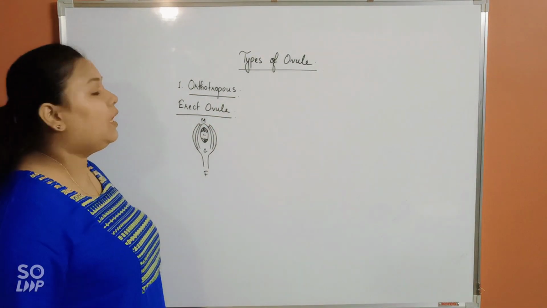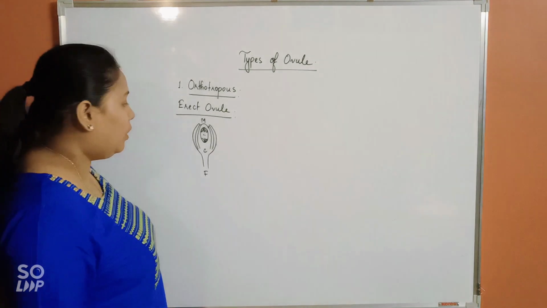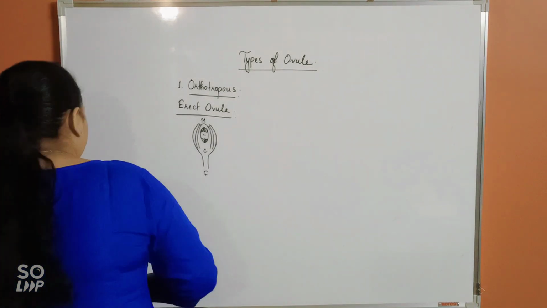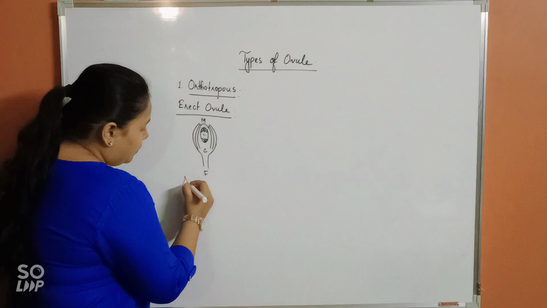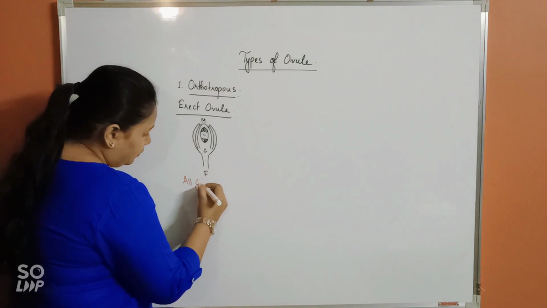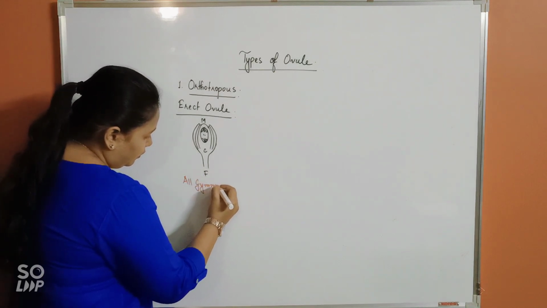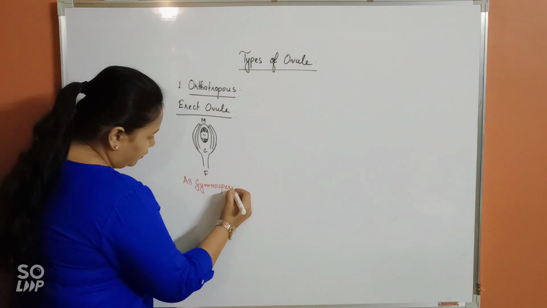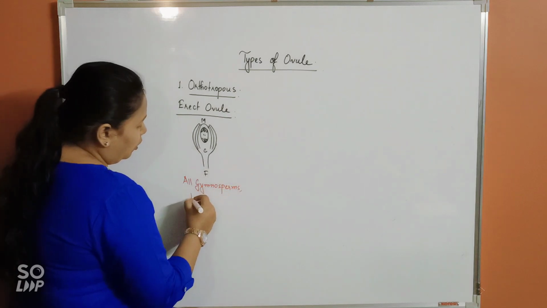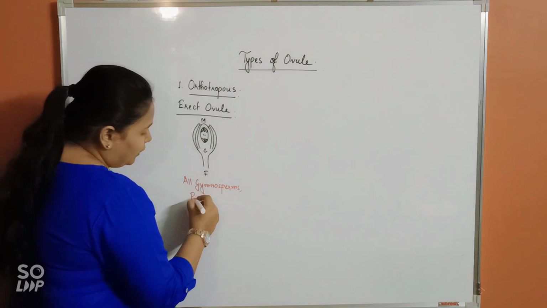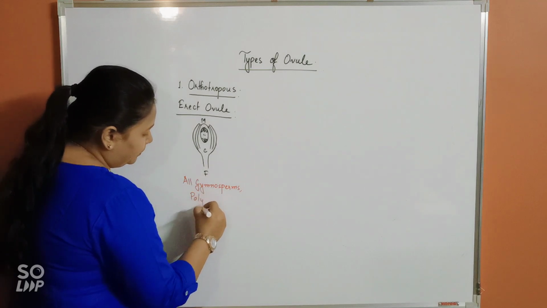So this is called an erect or orthotropous ovule. Example is all gymnosperms or among the angiosperms, Polygonum.